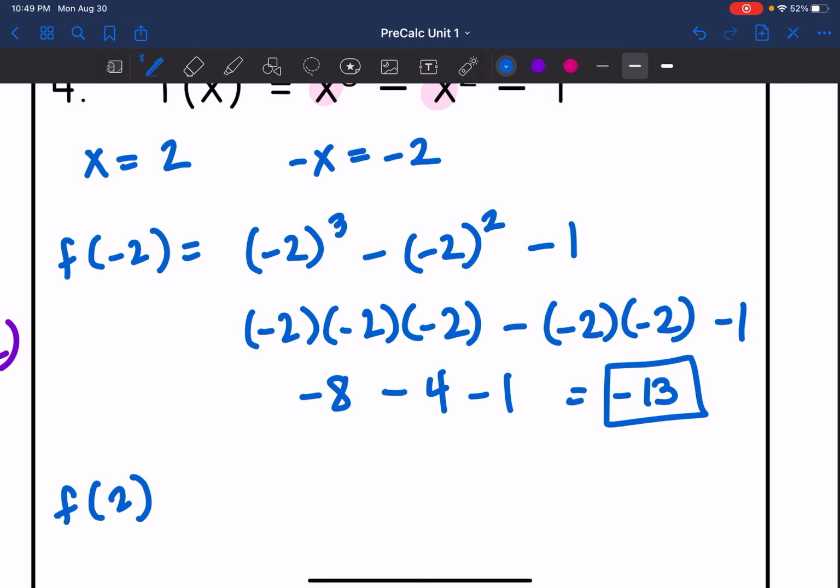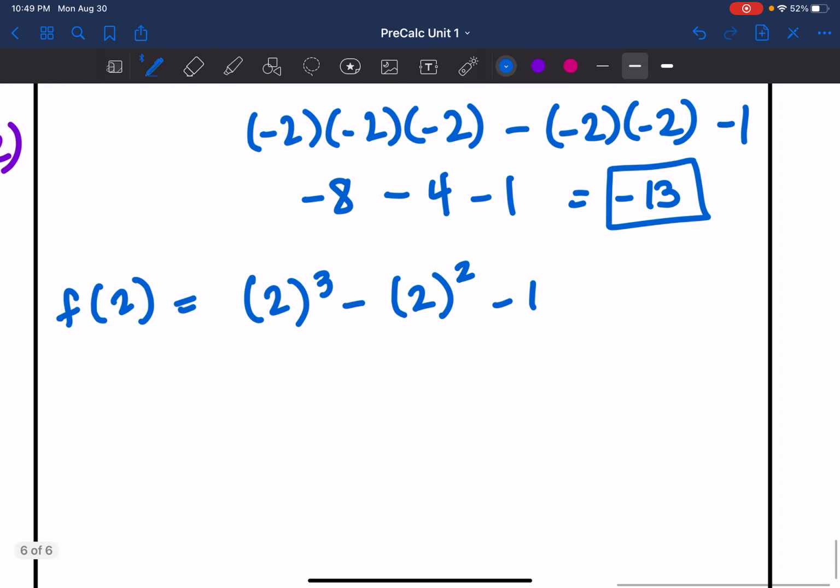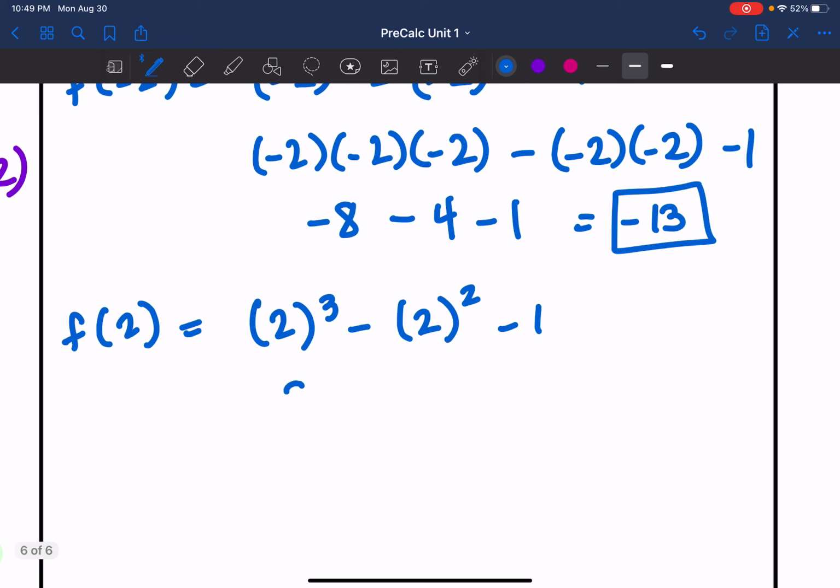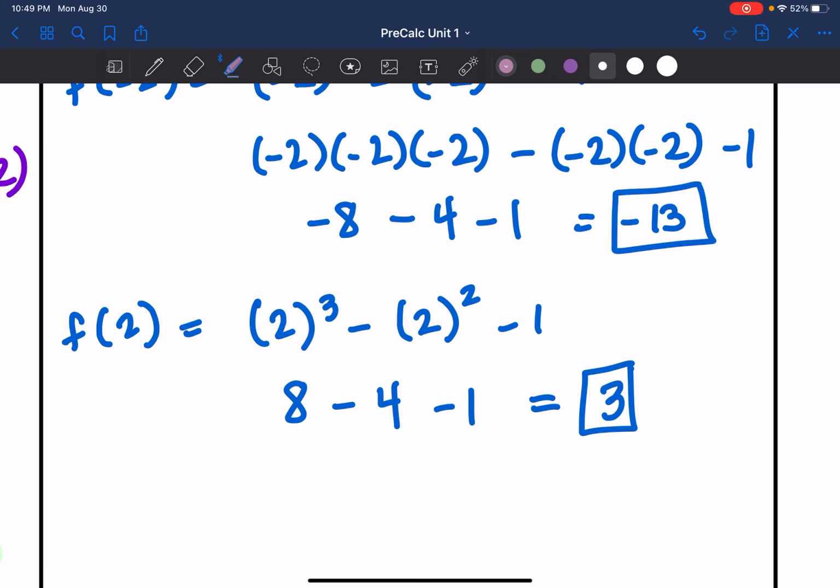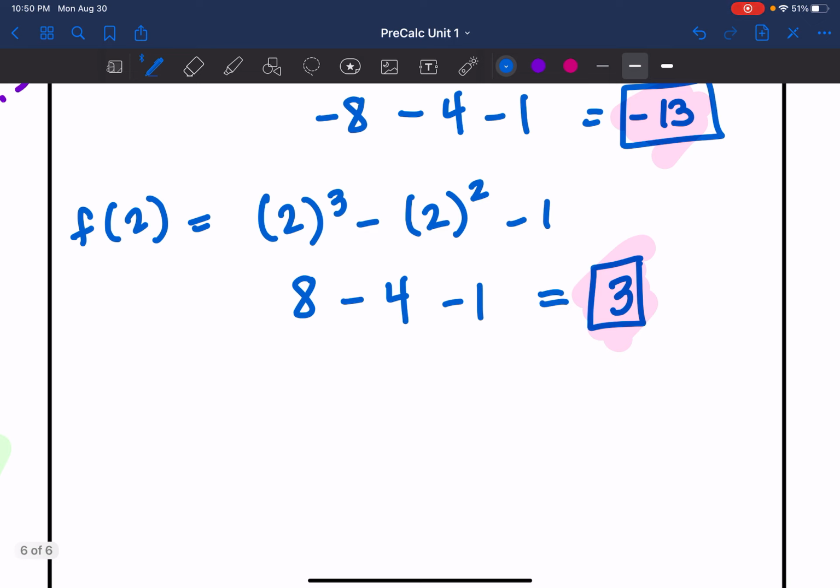If I plug in positive 2, this would be 2 cubed minus 2 squared minus 1. I kind of know from before, 2 cubed is 8 minus 2 to the second power is 4. And I still have minus 1. So this gives me positive 3. So 2 totally different numbers. We were hoping for a positive and a negative of the same value. This time it's completely different. So this means that this is not an odd function.